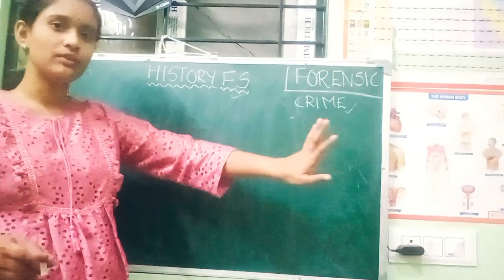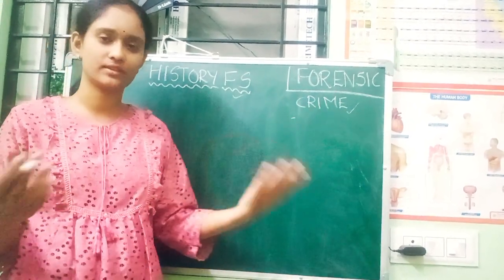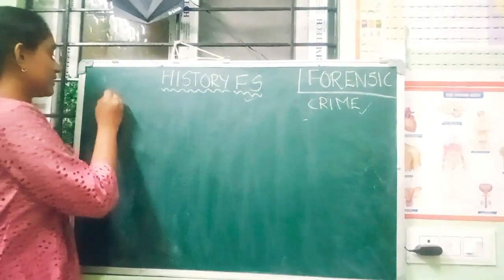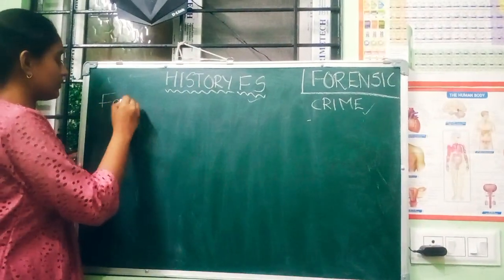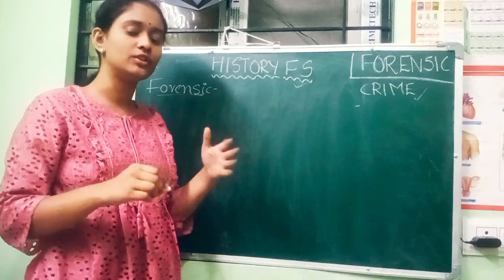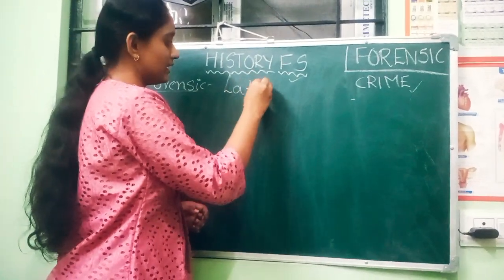Now that you are clear about what crime and crime scenes are and when they started, let's get to the main thing: forensic science. First of all, let's take the word forensic. The word forensic originated from Latin.